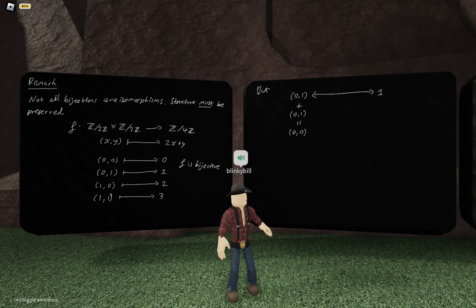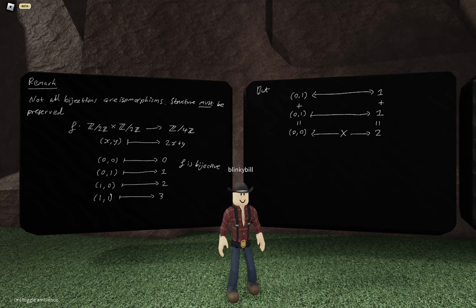But what this corresponds to is 1 plus 1. Well, on the right, that's equal to 2, but there is no correspondence here. (0, 0) does not correspond to 2. It corresponds to 0. So this is a structure breaking bijection.